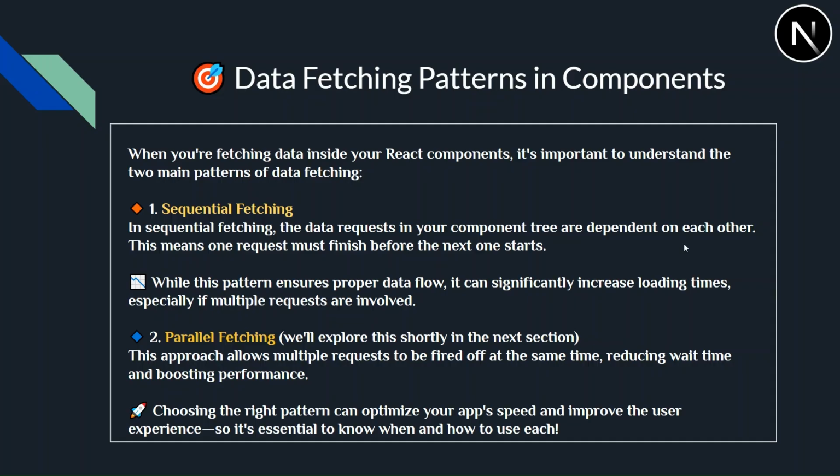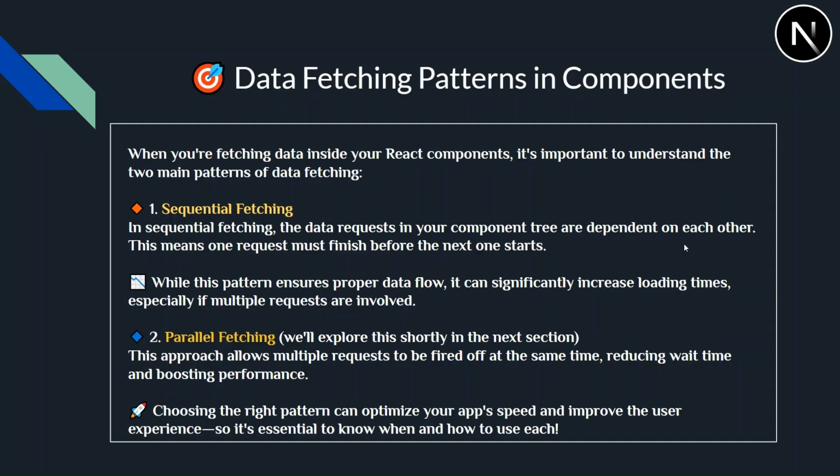While this pattern ensures proper data flow, it can significantly increase loading times, especially if multiple requests are involved. Then we have another fetching technique which is called parallel fetching. This approach will be explored in the next video. In today's video, we are just working on sequential fetching, how it could be implemented with the help of an example.